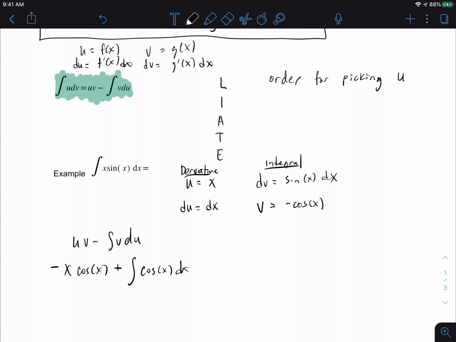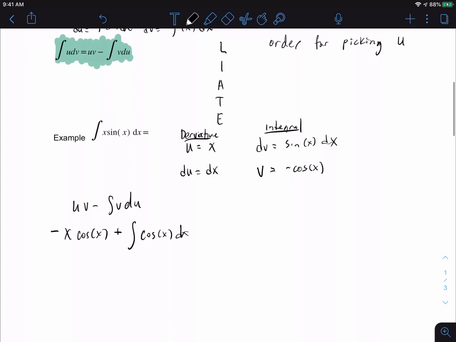Agreed? Or was that too fast? It's okay if it was too fast. Please speak up. It's pretty straightforward, I just want to make sure that everyone's okay. From here I get negative x cosine of x plus the integral of cosine, which is sine x. So this is going to be sine of x.